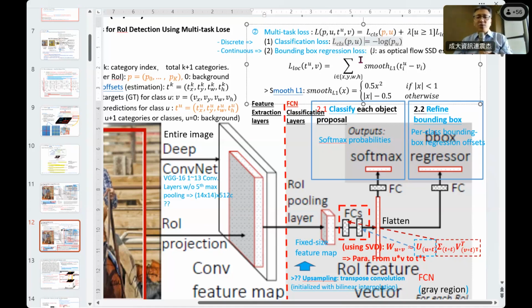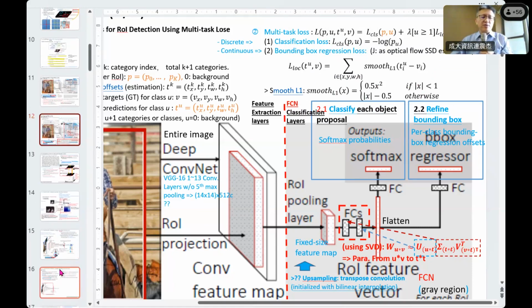Okay, and the second one is regression. For regression, we taught you in the beginning to use the mean square error, right? Again, that's not good. Right now many people use L1 smooth, this one. And L1 smooth, I'll explain to you later.